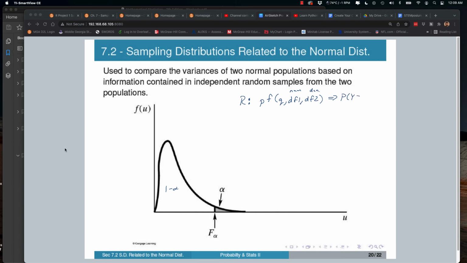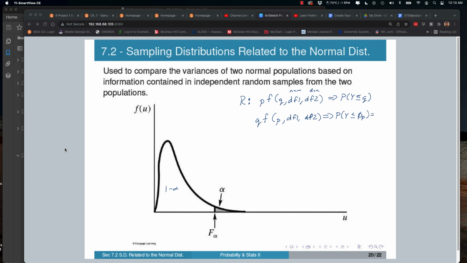Then qf is the quantile one, and it takes in the probability, and again df1 and df2, which are the same thing here. That is finding the same thing we've been seeing so far. The nice thing about R functions is they're all very similar, and the only difference is the inputs.